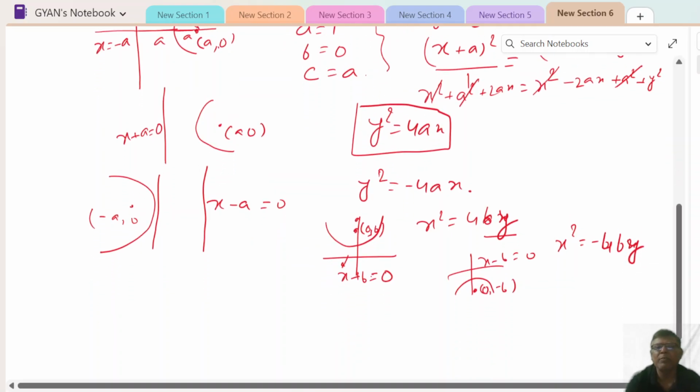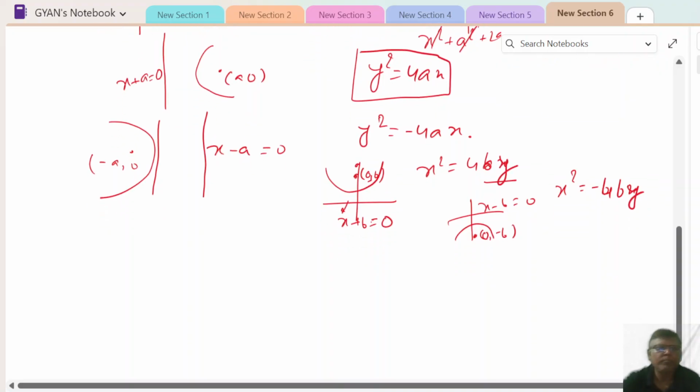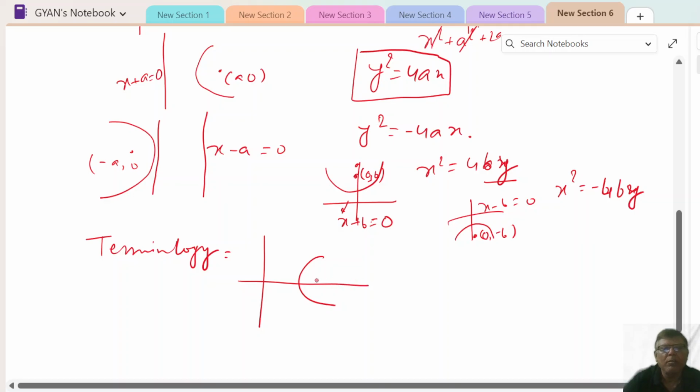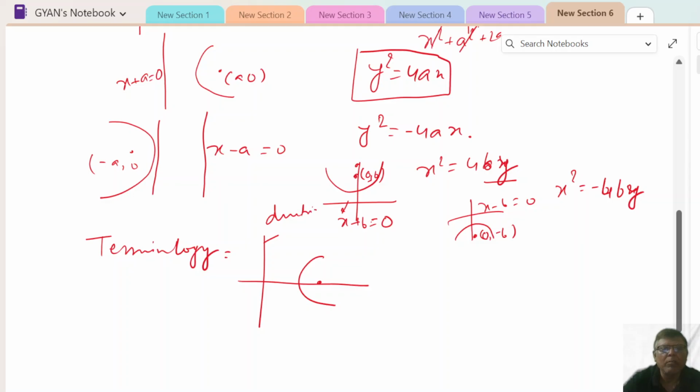Now some terminology. This is the directrix. This point is the focus. This point is called the vertex.